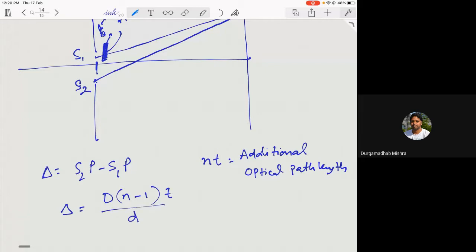So this is the additional shift, delta, of the fringe. If you remove this, the fringes will go back to their original position, but now there will be an additional shift to the fringes from where they were earlier observed.